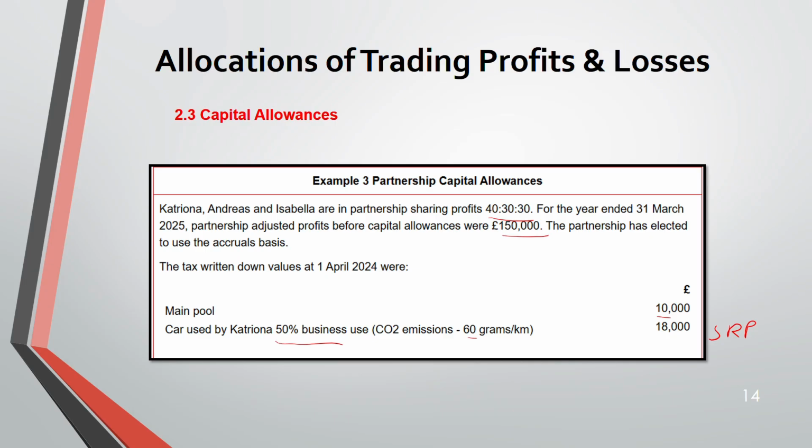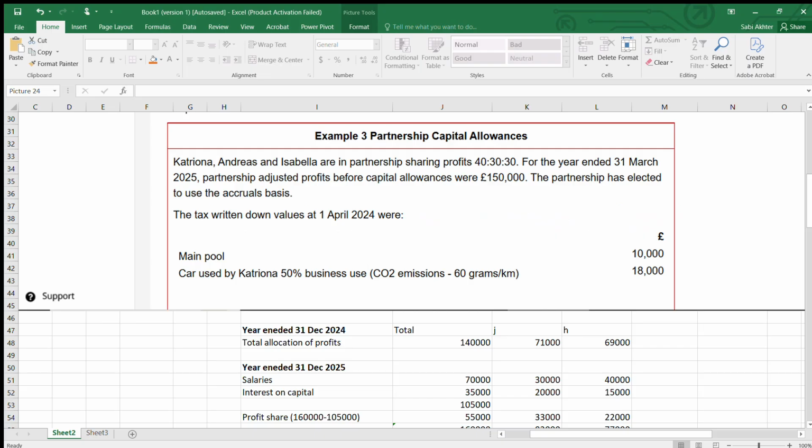It's very, very important. You need capital allowances for your company, for your sole trader profit, and also for your partnership profit. It's relevant for other areas as well. Without capital allowance, you cannot proceed. Okay, so let us do example 3. So now we need to draw up the capital allowances.